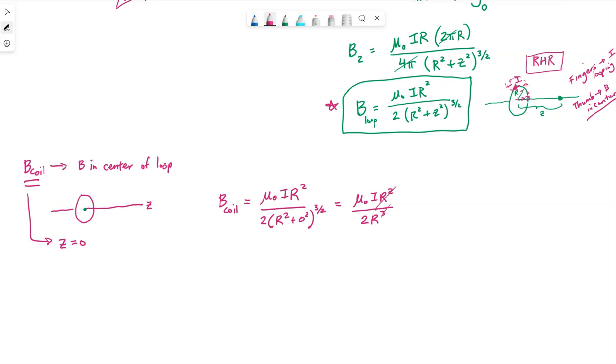One of the r's cancels: mu naught I over 2r. Now this is slightly different when you look in the test notes as well as in the textbook. You're going to see this.